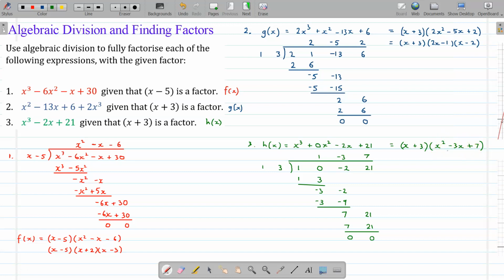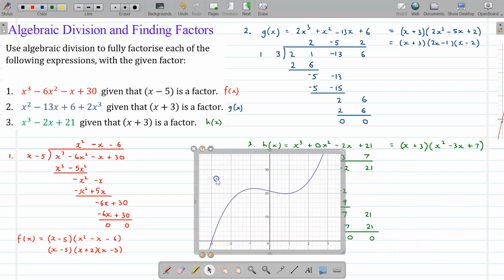Now that has an interesting implication with the graph. It means you can't factorize this any further, so that's the answer to the question where it says fully factorize. We've now done that, but let me show you what the graph of y equals x cubed minus 2x plus 21 looks like, and now you might see why it can't be further factorized.